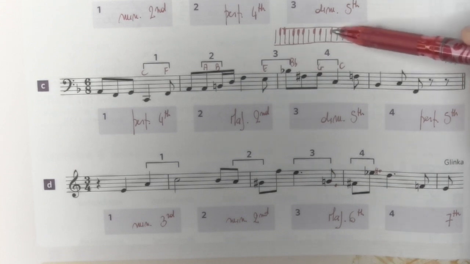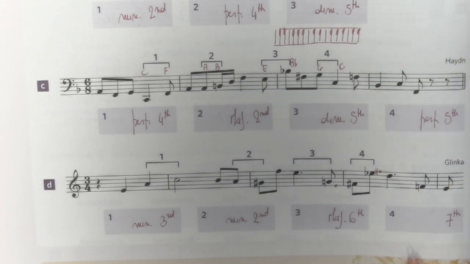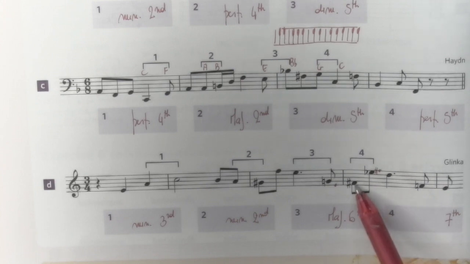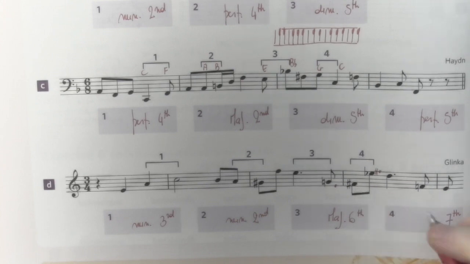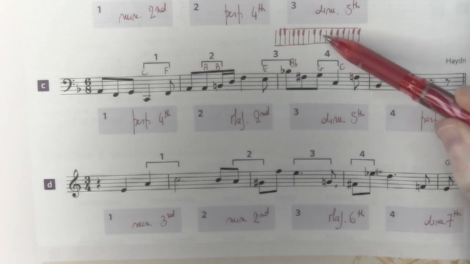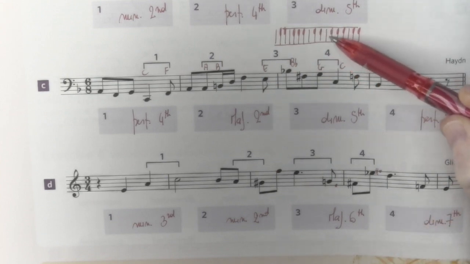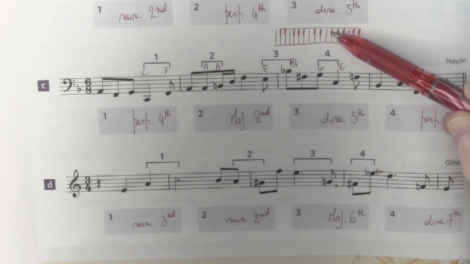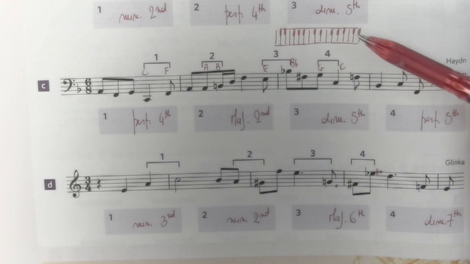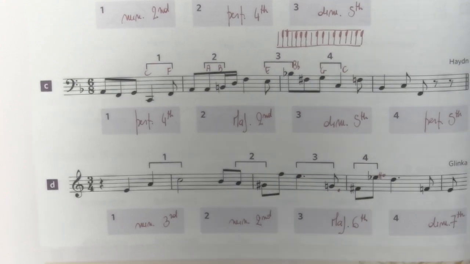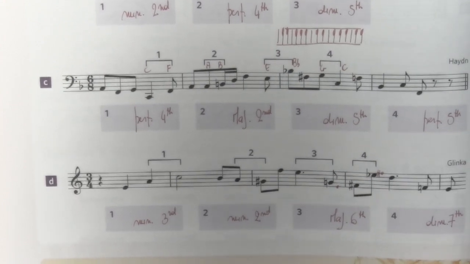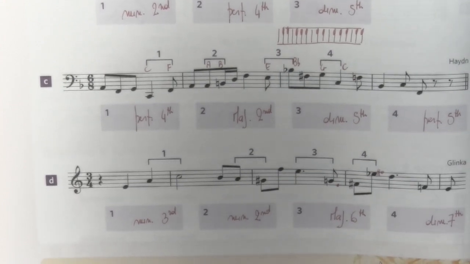An augmented second, if flipped over, becomes a diminished 7th. So again, mi flat, fa would be a major second, but we have an extra semitone, so it's augmented. Augmented becomes diminished when flipped over. So diminished 7th. And with this interesting interval, we have finished our chapter 6.